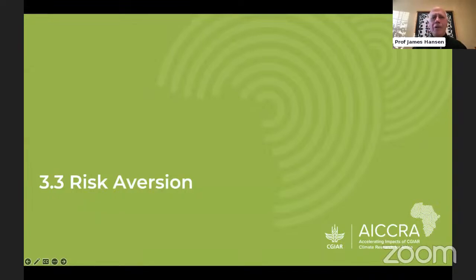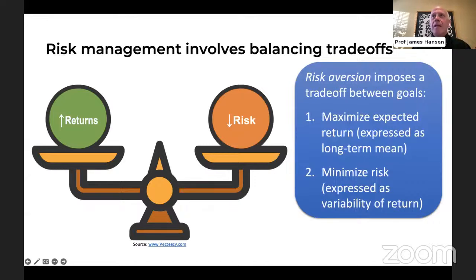So now I'll introduce another concept. And again, I suspect most of you have heard the term risk aversion. Risk aversion simply means that a decision maker does not like risk, does not like the uncertainty that he or she may face when they're making decisions, uncertainty about the impacts of those decisions because the impacts interact with climate or other sources of variability in the environment.